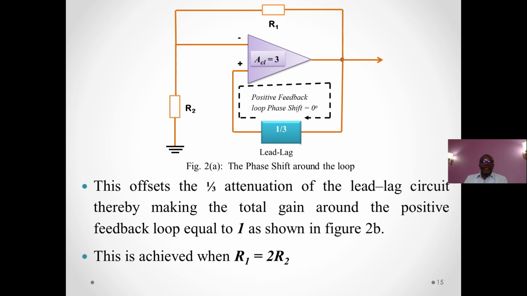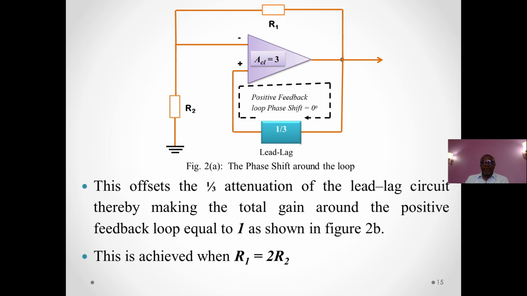We will explain that further, because the attenuation of a typical feedback is 1/3 of the signal that comes through the lead lag circuit, thereby making the total gain around the positive feedback loop equal to 1.